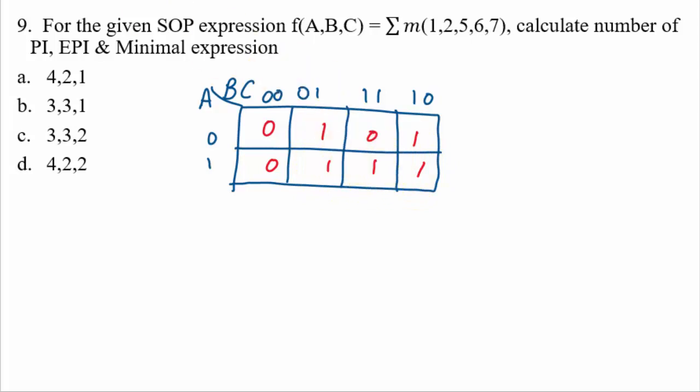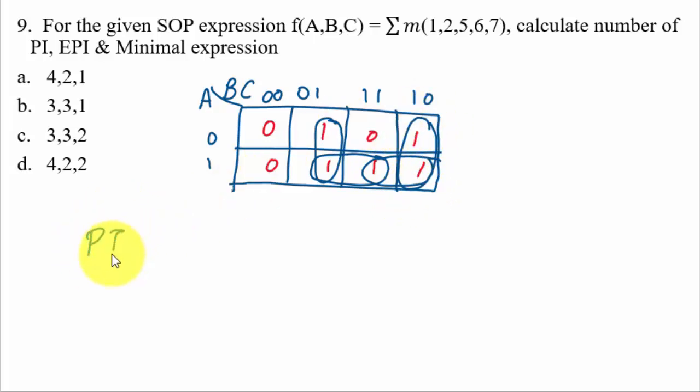So let me go for a grouping. In order to find the prime implicants, you have to group all possible maximum groupings. So I can make use of an octet, I can make use of a quad also. So I have to go for a pair. So this is one prime implicant, this is another prime implicant, this is the third prime implicant, and this is the fourth prime implicant.